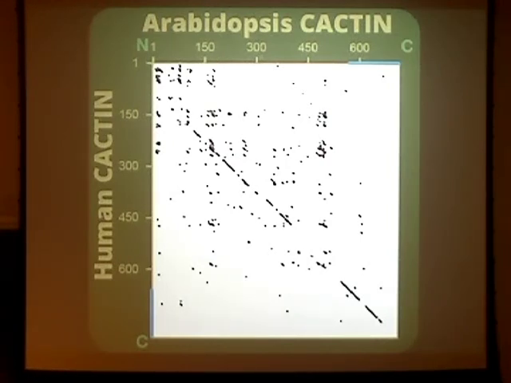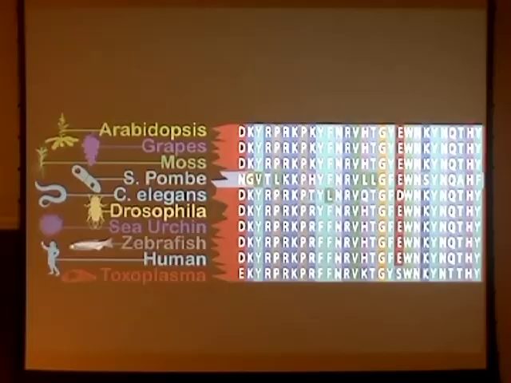I show this to you just to show that it's not a single domain that's been shared between these different proteins. There's at least some level of matching along its length. I'm now going to show you that amino acid alignment for this region down here, which would correspond to this part of the human sequence and that part of the plant sequence there.